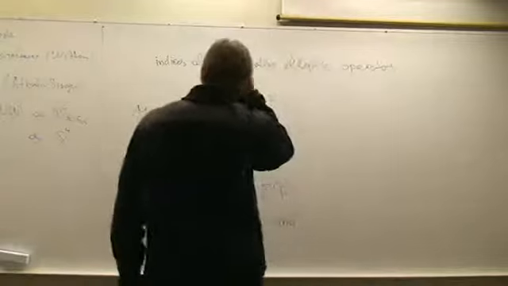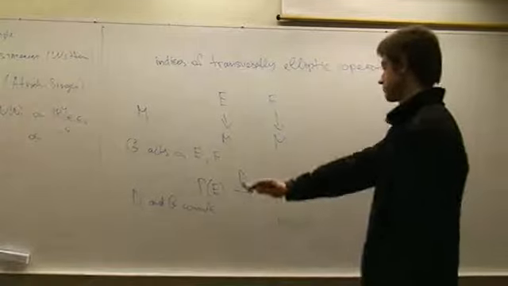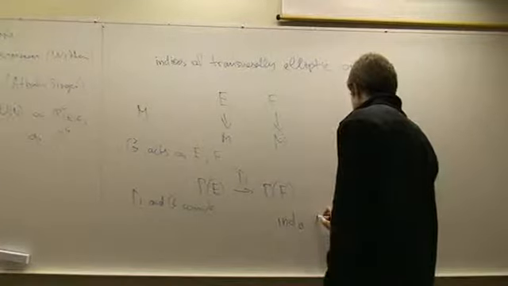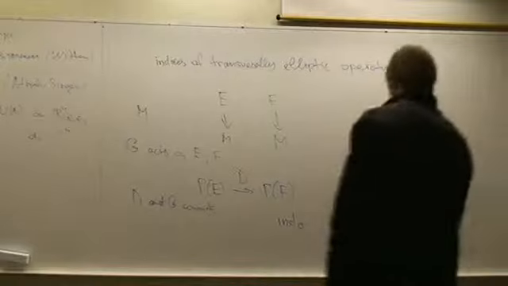So the equivariant index, let's say with respect to the group G, of the operator D, we define it as a character.